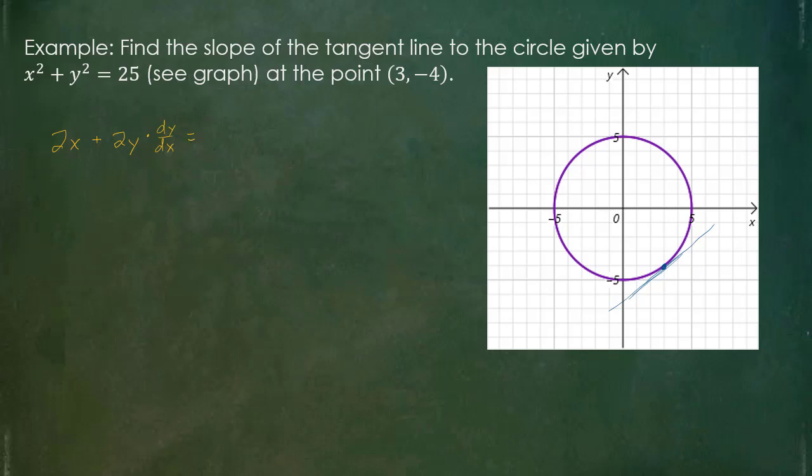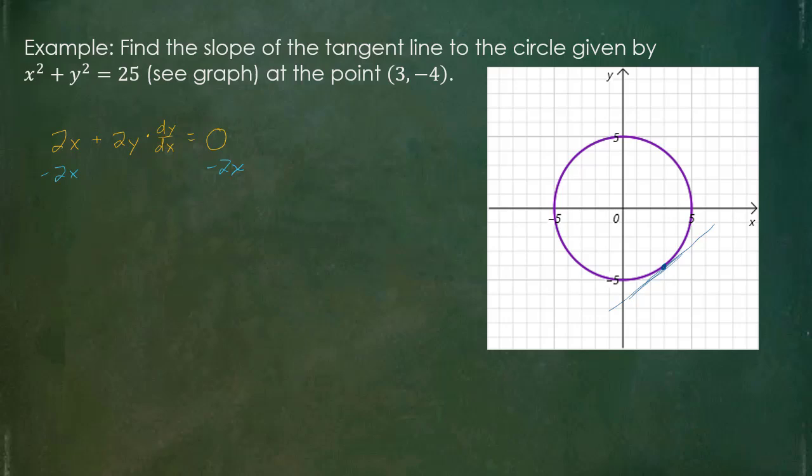On the other side of the equation, that's just a constant, so the derivative of that constant should just turn into 0. So now I need to collect all of my dy over dx terms on one side and move everything else to the other. Well, there's only one dy over dx term. It's that 2y times dy over dx, so I really only have to move the 2x over.